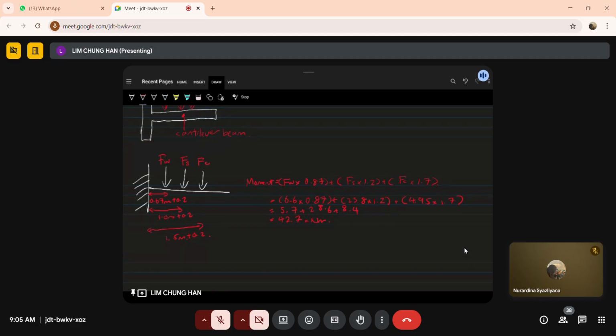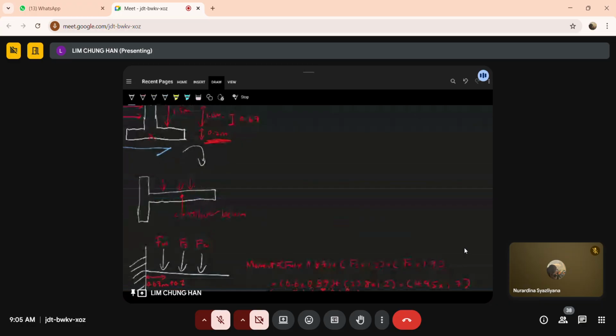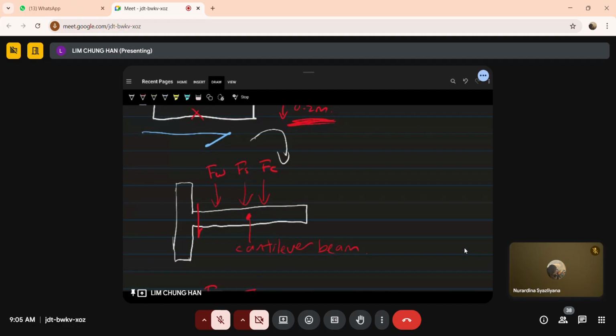Now, you also have shear, yeah, because as you told me, this is actually a cantilevering beam. So Fw, Fs, and Fc are causing shear there at the support, because all these forces have to get transferred into the column as shear.